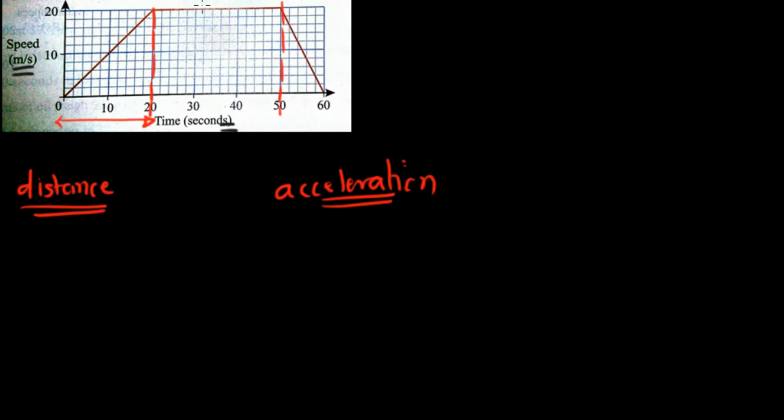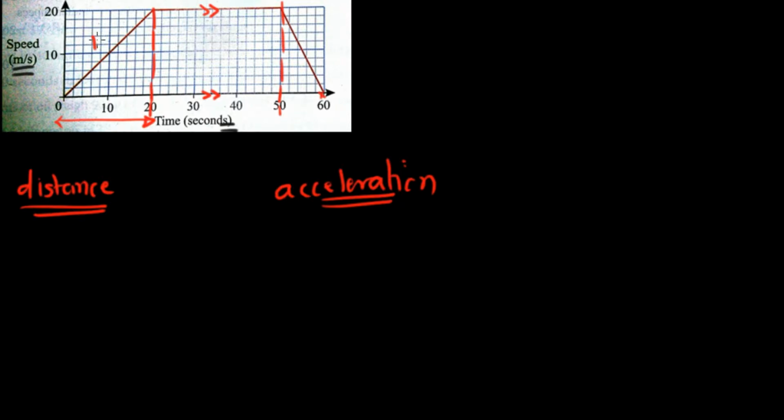Since it's a VD graph and the graph is parallel to the x-axis, the time axis, the speed remains the same. As you can see, it remains 20 from here to here. After that, from 50 to 60 seconds, it drops down to 0 again. That means the speed is decreasing from 20 to 0. That means there is a deceleration area.